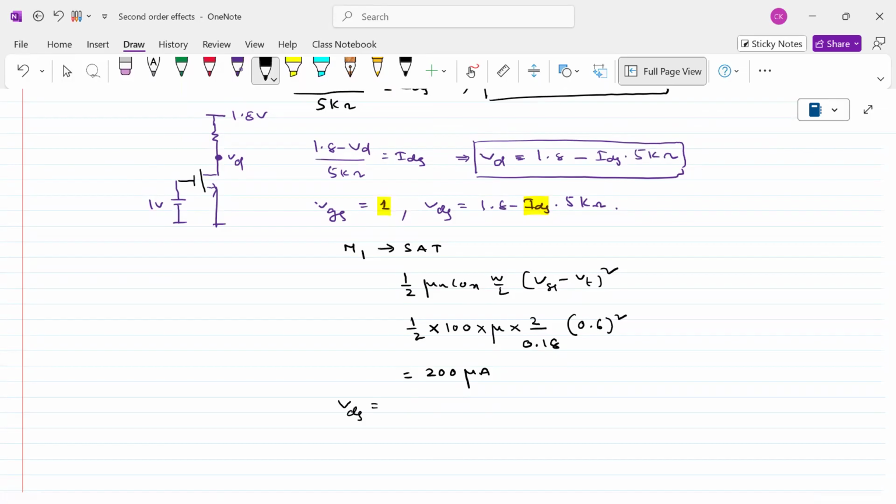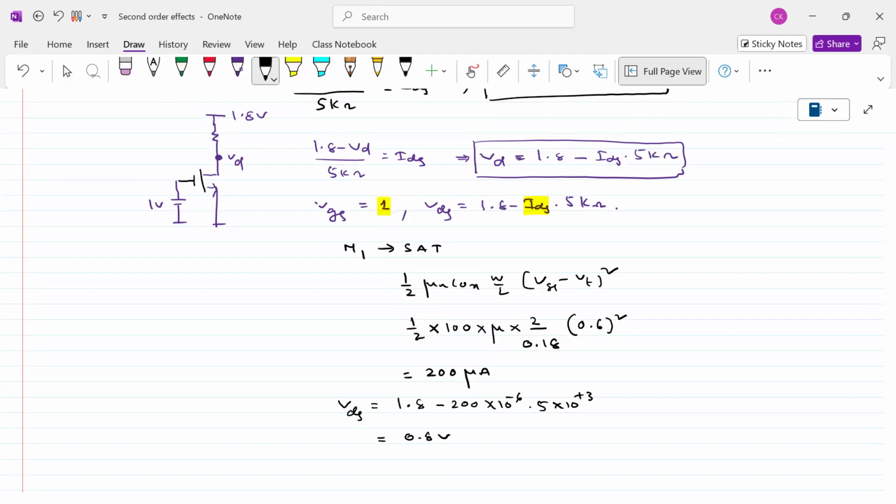According to our assumption, this is 1.8 minus 200 microamps into 5 kilo, 5 into 10 to the power of plus 3. What is this value? The micro and the kilo will get cancelled, and 5 twos are 10, so it becomes 1 volt.